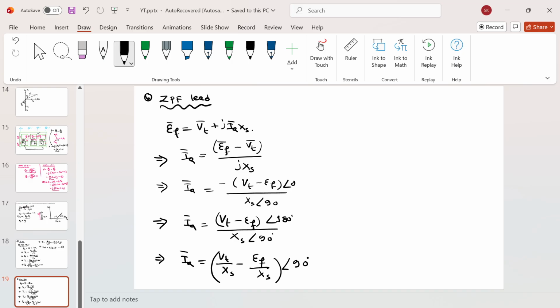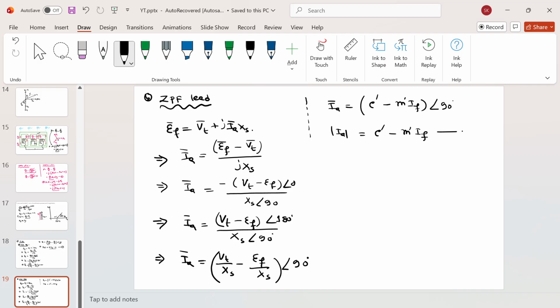Now let me put the same thing: EF is equal to some constant K times IF. So the IA phasor is equal to VT by XS, I'm calling it some constant C bar, minus some slope, maybe M bar times IF, and this is my angle. Now let me take the magnitude only: C bar minus M bar IF.